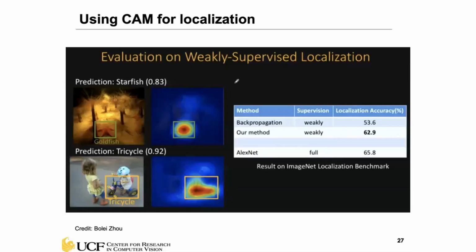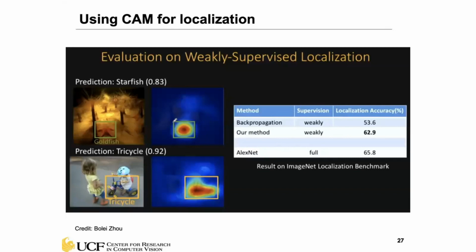But the class activation map is able to highlight, if we make a prediction of starfish, the pixels or the regions that give this prediction of starfish.